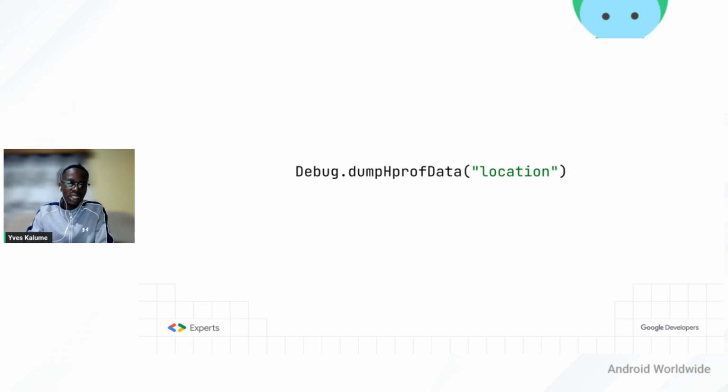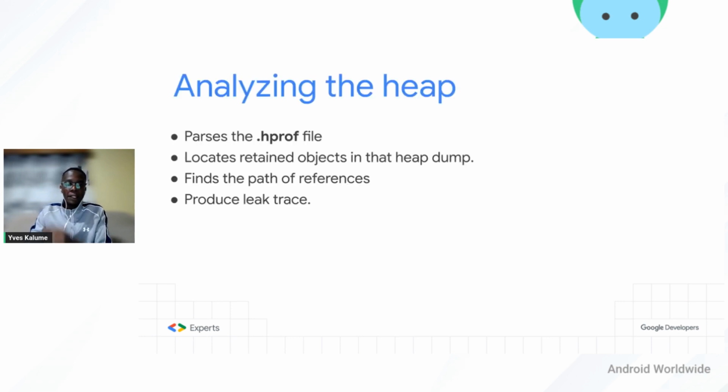We just call dumpHprofData on the Debug object, and we pass the location to which the dump file will be saved. When you make a heap dump and get this file, you have to analyze it in order to know where our objects may potentially be leaking.